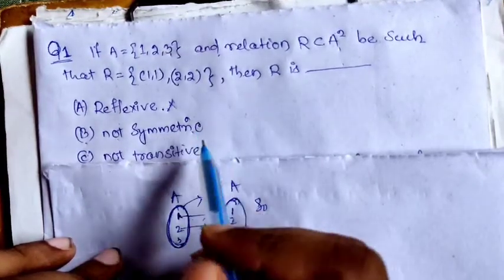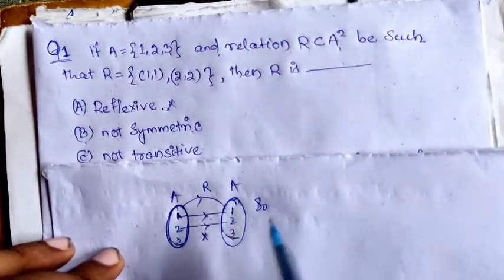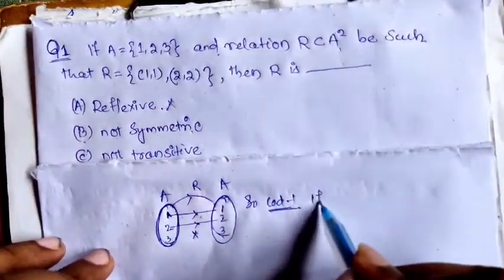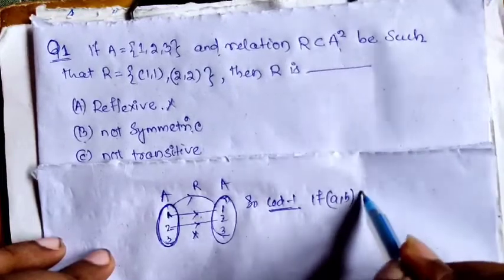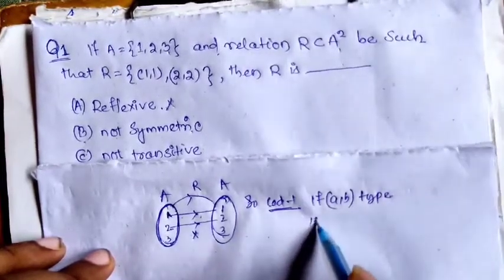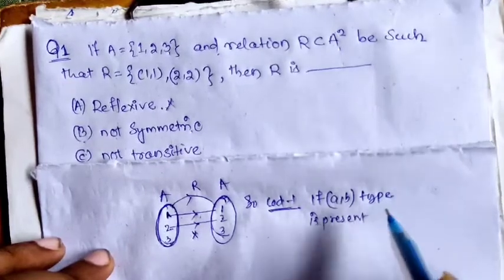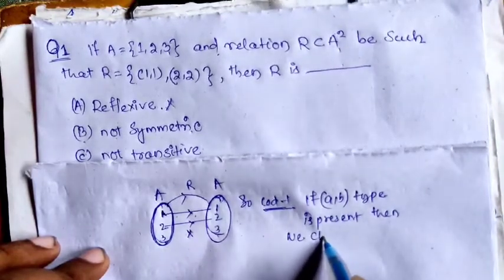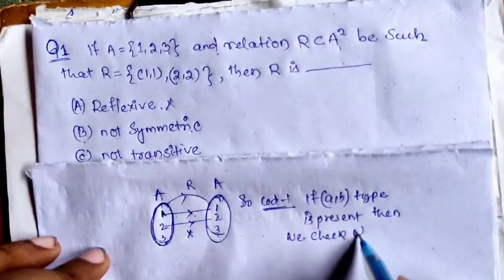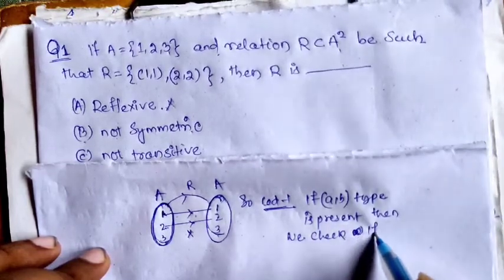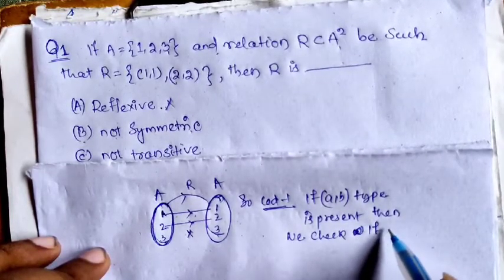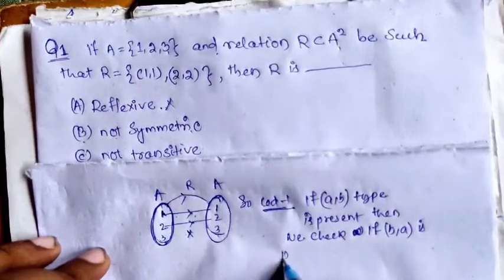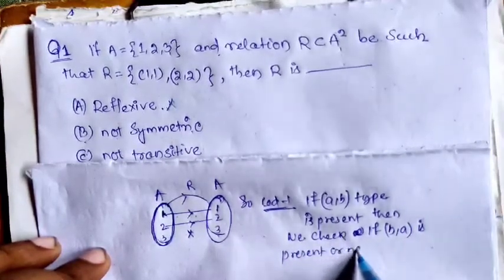For a symmetric relation, we know that condition 1 says if an AB type ordered pair is present, then we check if BA is present or not.